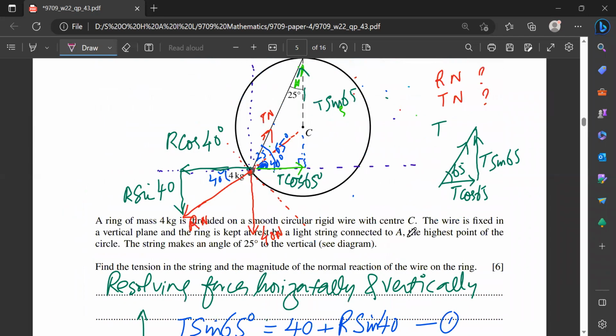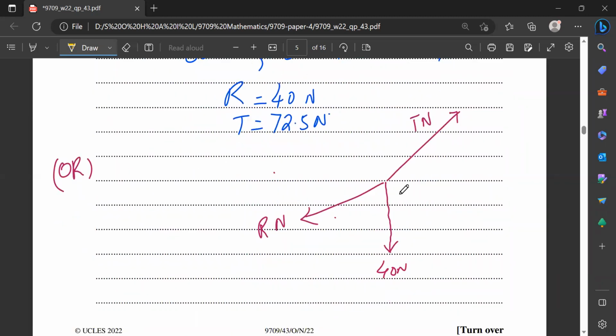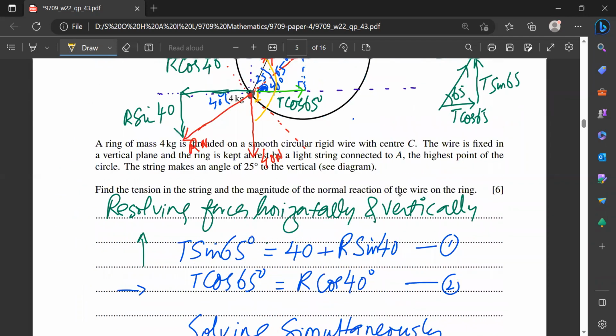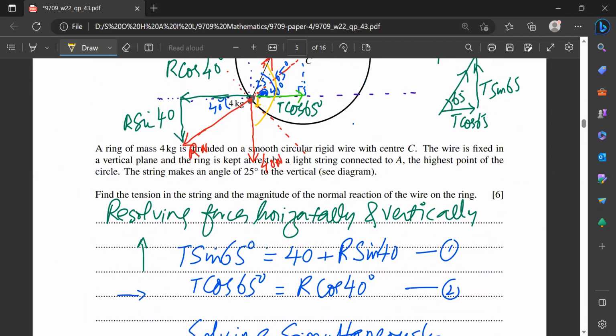Now, let us check. What is the angle between T and 40? I mean to say this angle, T and 40. So this is basically 90 degrees plus 65, which means 155 degrees. And next, the angle between R and 40.